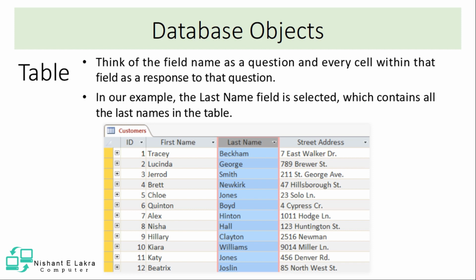What is the last name of Tracy? Beckham is one of the cells present in the field last name. The last name of Tracy is Beckham. So this is one of the examples of a table.